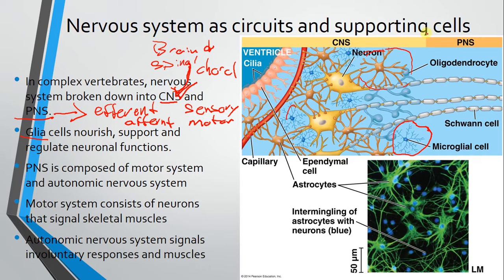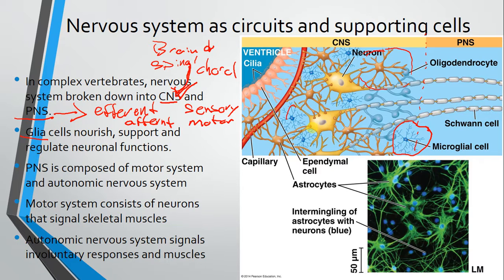So we can see in our diagram we divide central nervous system and peripheral nervous system. We have the oligodendrocytes creating the myelination for our central nervous system, the Schwann cells creating the myelination for our peripheral nervous system like we talked about last time. But here are those glial cells nourishing and supporting them.